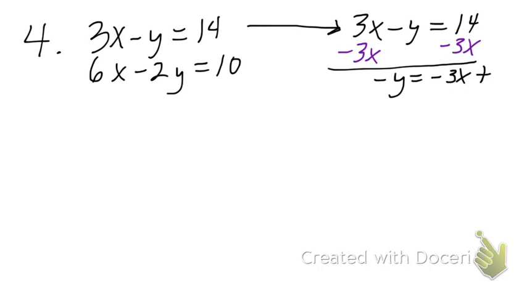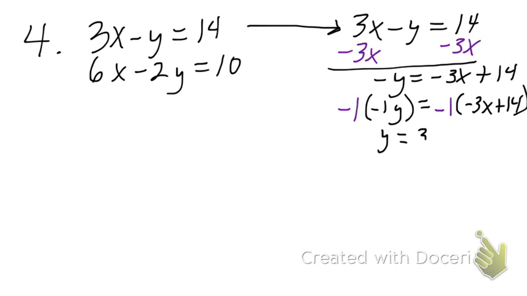Alright, so we'll subtract 3x on both sides. We'll multiply each side by negative 1. And so we get y equals 3x minus 14. So we just rearranged the first equation and we got that y is equal to 3x minus 14. And so that's what we're going to substitute into the other equation. We're going to replace y with 3x minus 14.